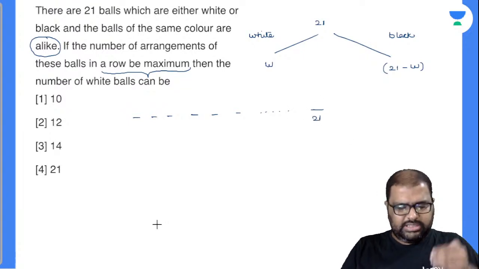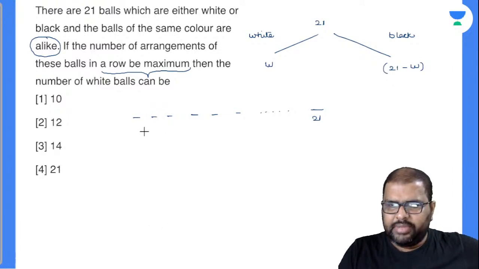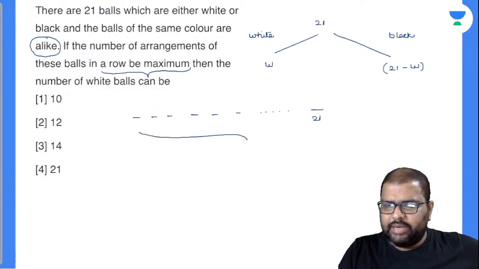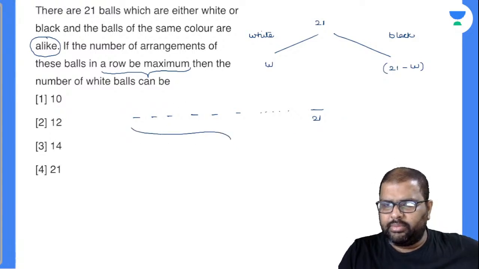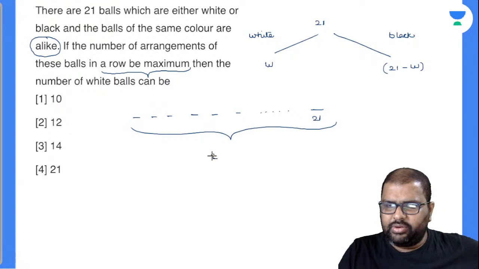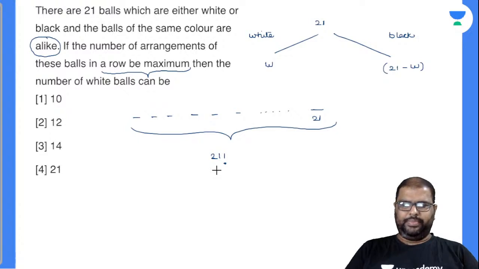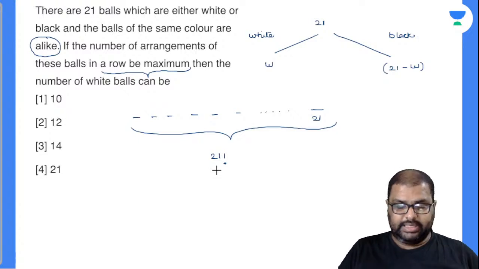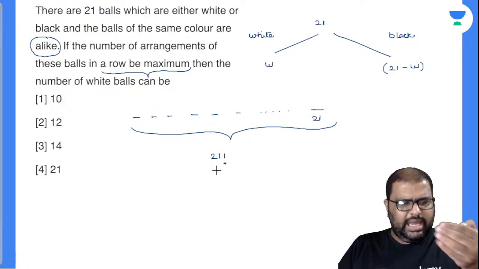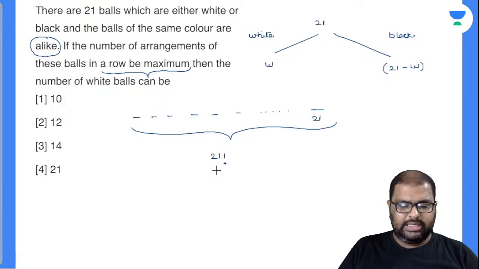Now, according to the general description of what we have learned, in how many ways can these 21 balls be arranged? Can anybody say in the comment section box? These 21 balls can be arranged in 21 factorial ways. Am I right or wrong? But in these 21, there are duplicities. Duplicities means the same, alike, right? How many duplicities are there?